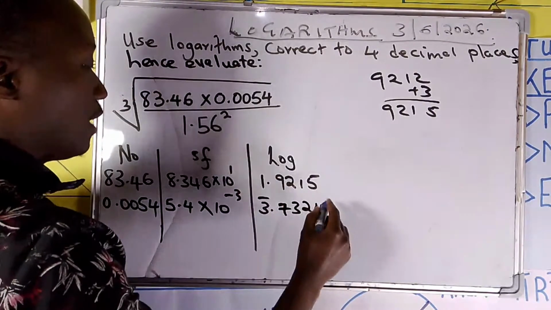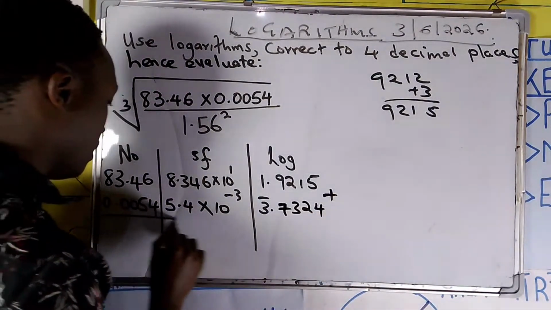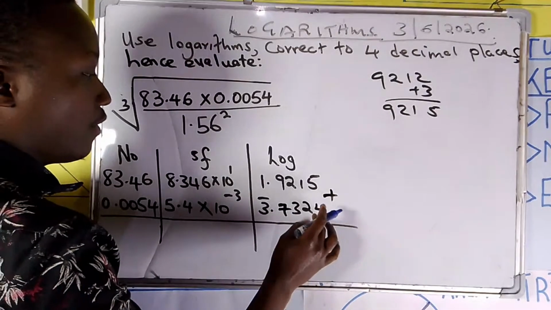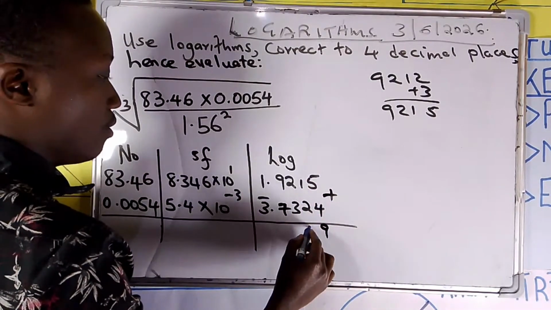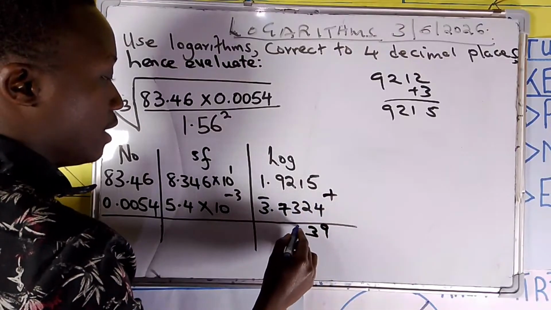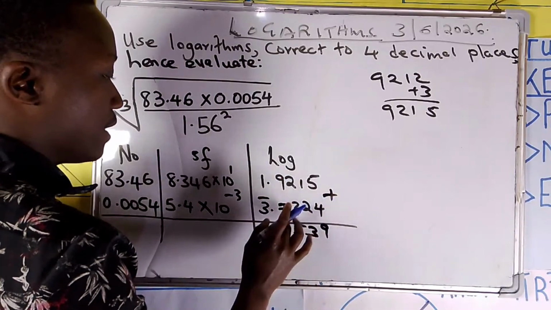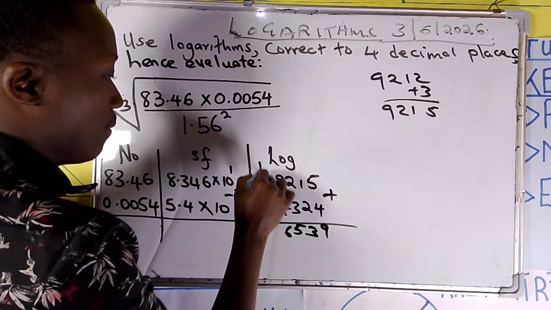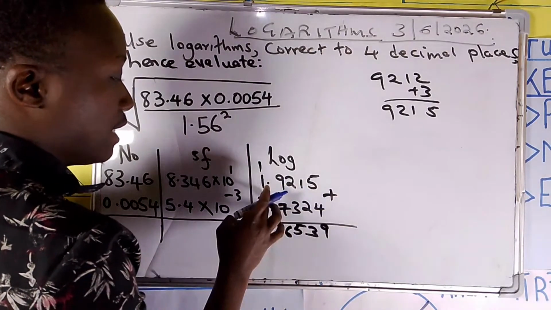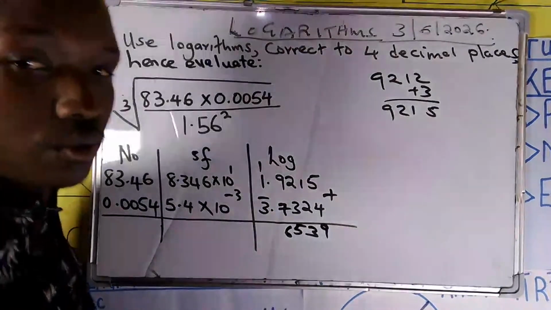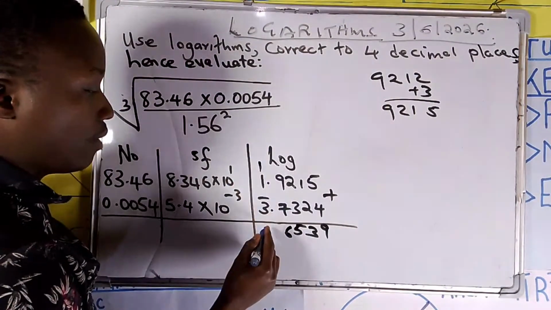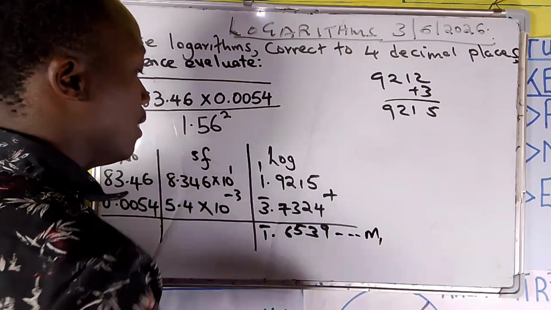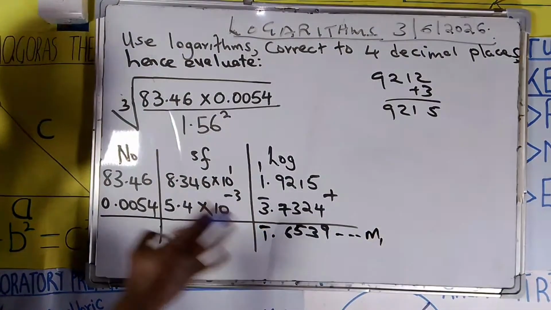After that, we add for our numerator. 5 plus 4 is 9. 1 plus 2 is 3. 2 plus 3 is 5. 9 plus 7 is 16, so it is 6 carry 1. 1 plus negative 3 is negative 2. Negative 2 plus 1 is negative 1. So the sum for our numerator is bar 1.6539.